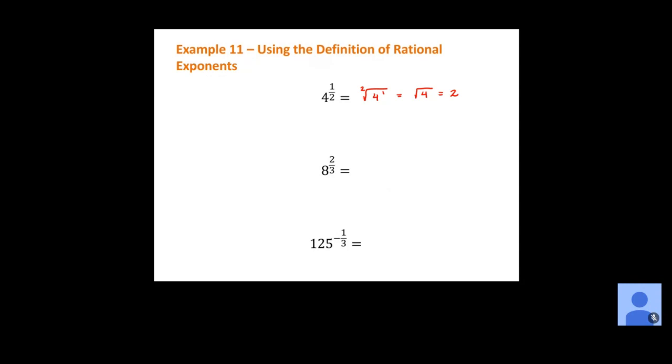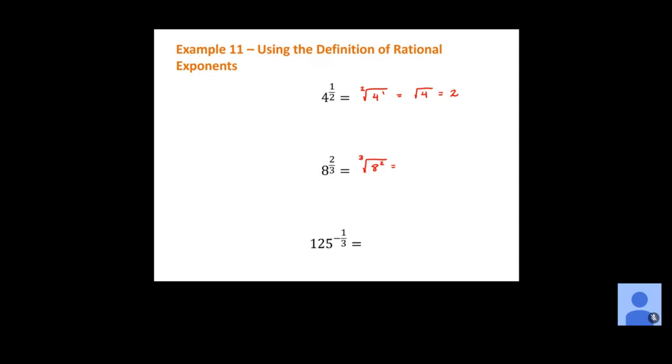How could we rewrite 8 to the 2/3 power? Good. 3 goes in the index, 2 goes in the exponent, so we're going to have a cube root of 8 squared. Now we want to simplify if possible, right? So what would you do first here? Okay, good.